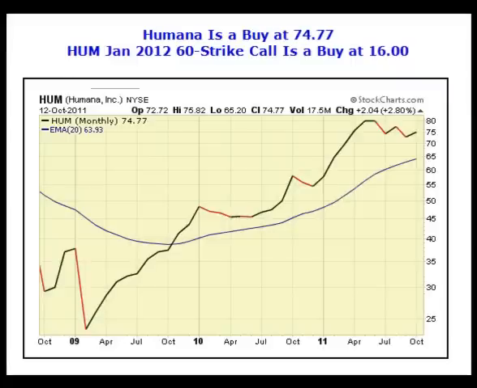And we can see from this price graph that Humana is in a price uptrend with its 1-month price above the 20-month EMA. So Humana has strong fundamentals, is in a strong price uptrend, and is currently a buy at the closing price today of $74.77. And the Humana January 2012 60 strike call is currently trading at 16, and that is a buy also.